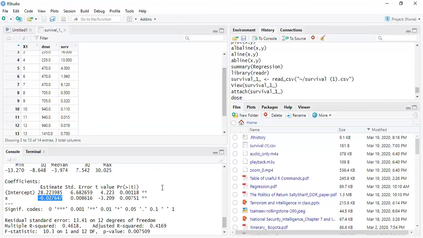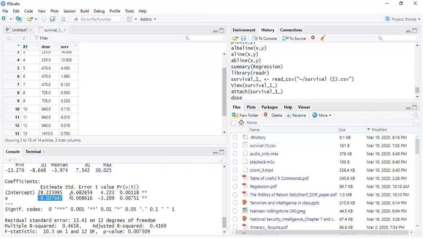Well, I don't really know how they measure the survival rate, but with every dose that they get, and you see very high doses up here, there's a less likely chance of them surviving by 0.027647, whatever the data is and however these scientists are measuring the survival rate. So is that good? It seems to be decent since there is a significant level, which we're going to talk about.